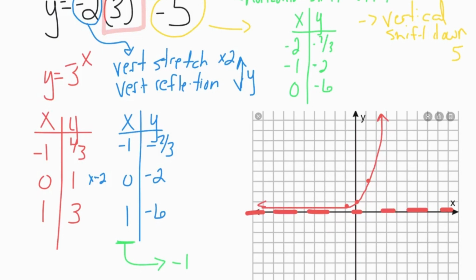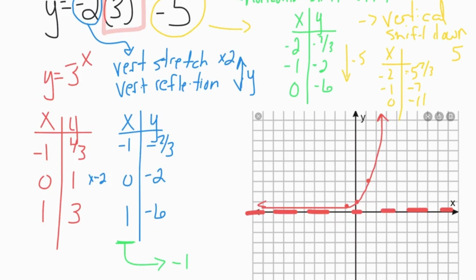So what we're going to do is, if it's vertical, that means my y values are all going to be subtracted by 5. So my x values stay the same. Negative 2, negative 1, 0. And then -2/3 minus 5 is negative 5 and 2/3. Negative 7. And then a negative 11.